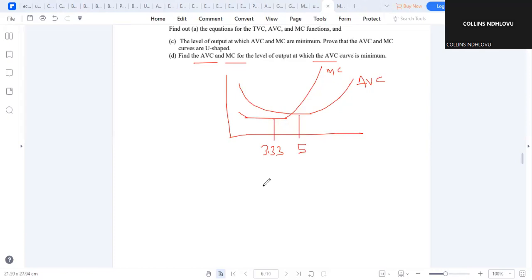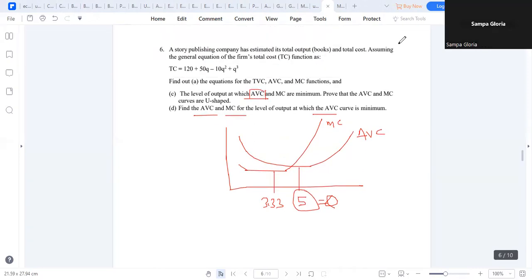So AVC was minimum at what? 5. Then just substitute this quantity of 5 into the values of the AVC and the MC. They're just asking you to find the value of the average variable cost and the value of the marginal cost at the point when AVC is minimum. We already calculated that point, and that was 5. So we put 5 in the two functions. Then you're going to get your full marks in that.